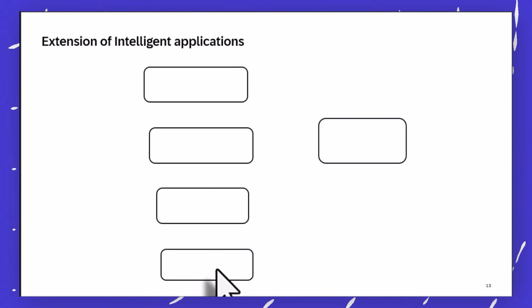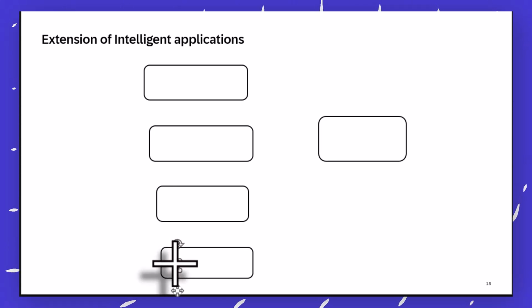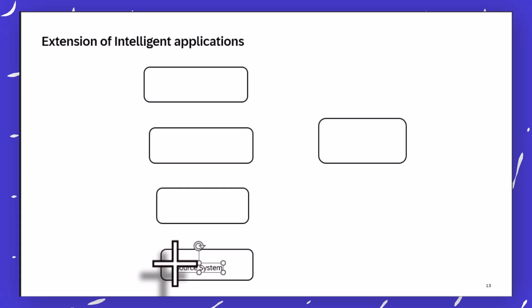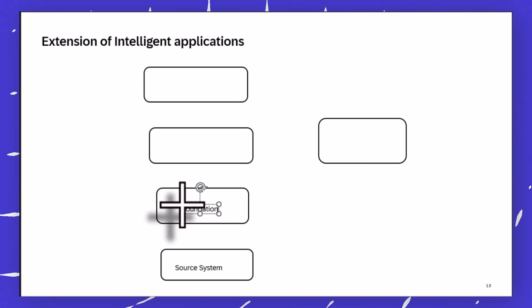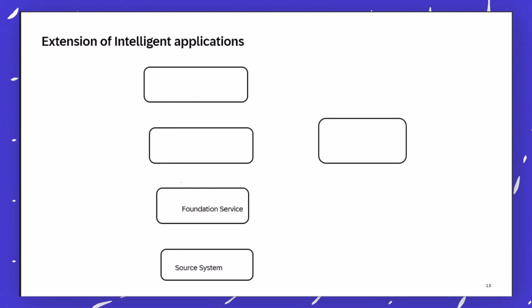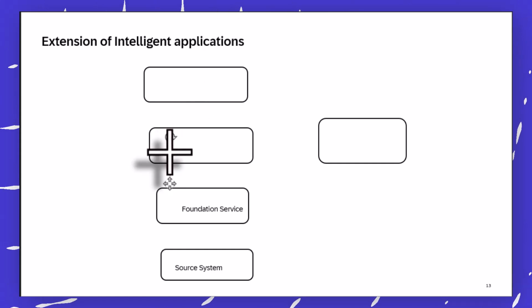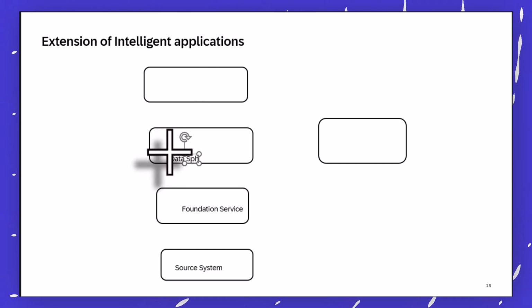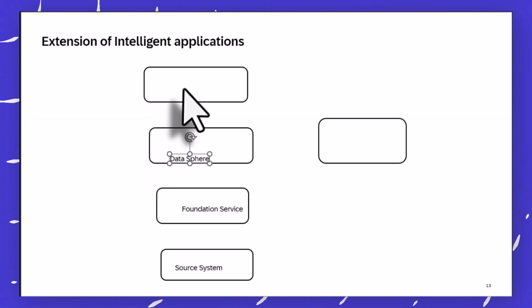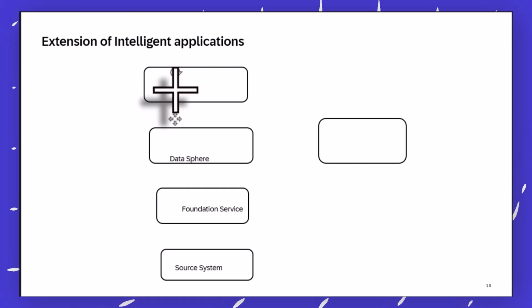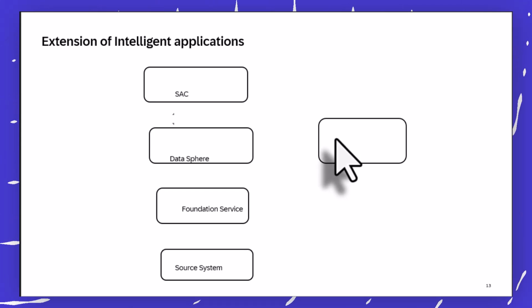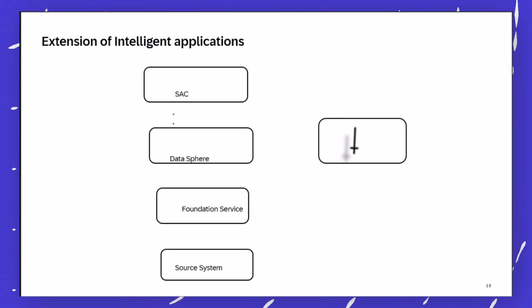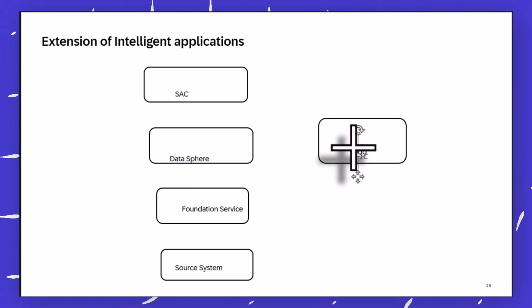So this is the source system. And here you can see they have something called a foundation service, and here a data sphere, and here they have a SAC, and this box is part of a BDC, what they have an Intel BDC cockpit.